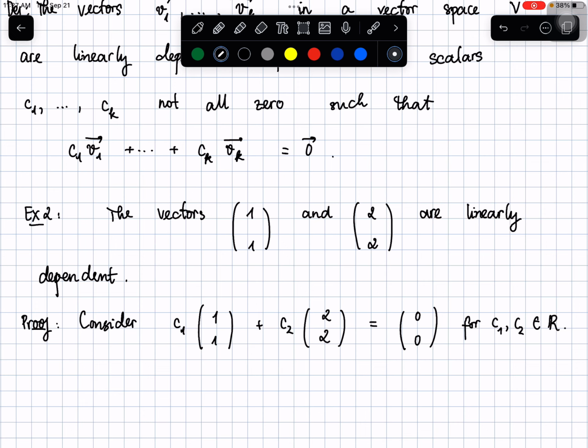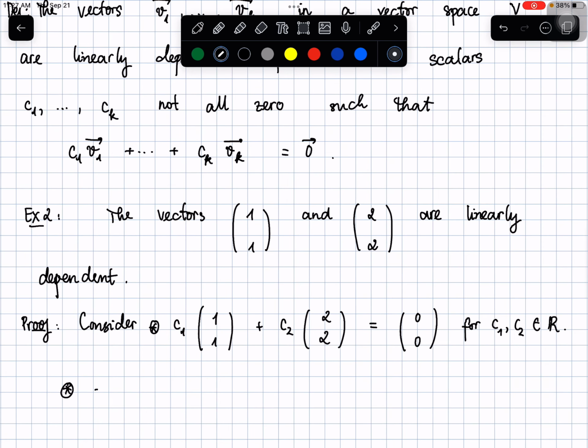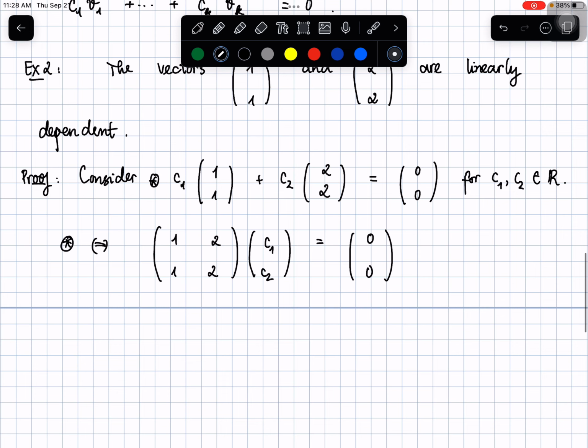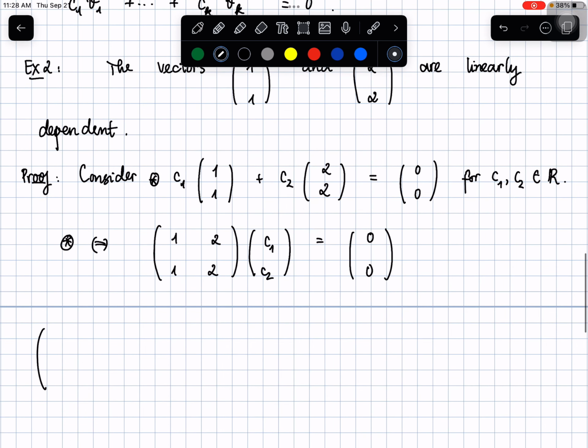Okay, in this system, let me call it star. So star is equivalent to the system written in terms of matrix, 1 1 2 2, times c1 c2, equals 0.